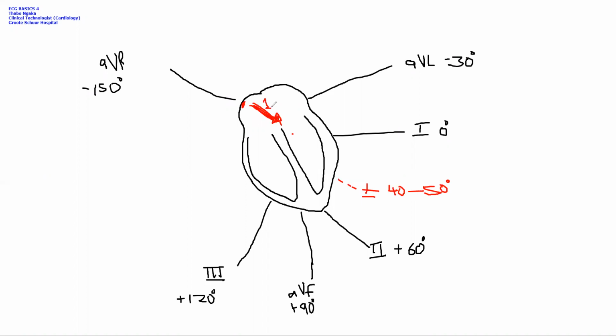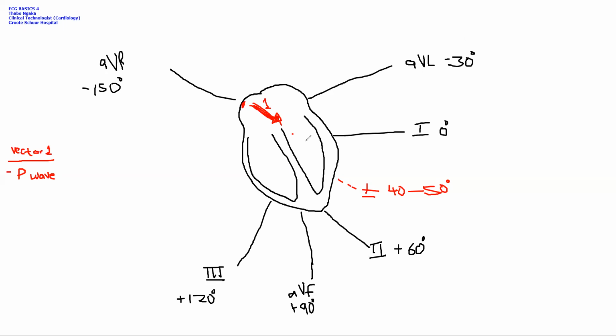Let me write it. So vector 1, because this is atrial depolarization, would correspond with your P wave. That is vector 1.